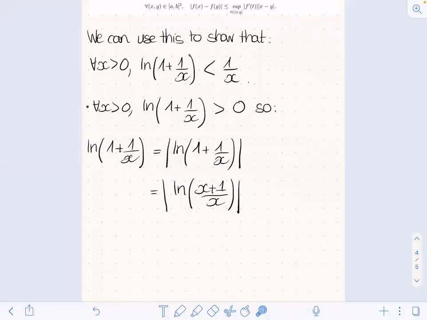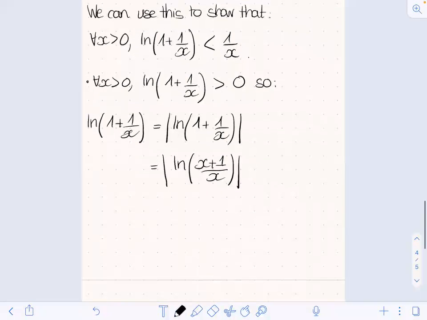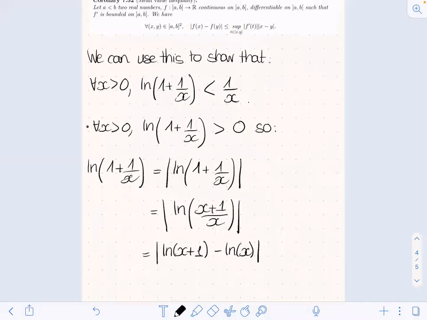Now, can I rewrite this further? ln of x plus 1 minus ln of x. Yeah, absolutely. So we get the absolute value of logarithm of x plus 1 minus logarithm of x. And can we now use this inequality on it?